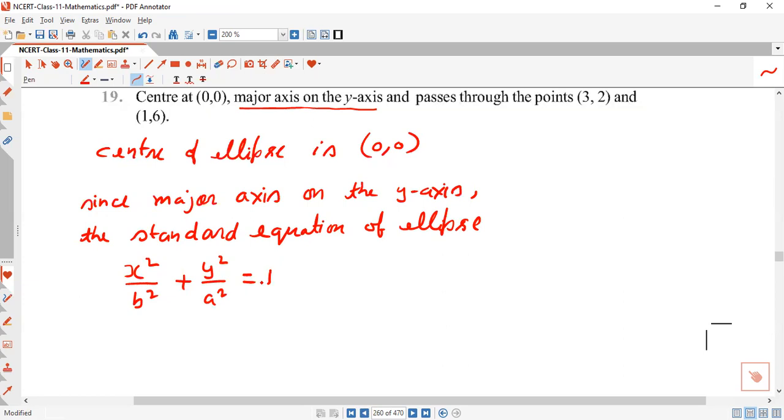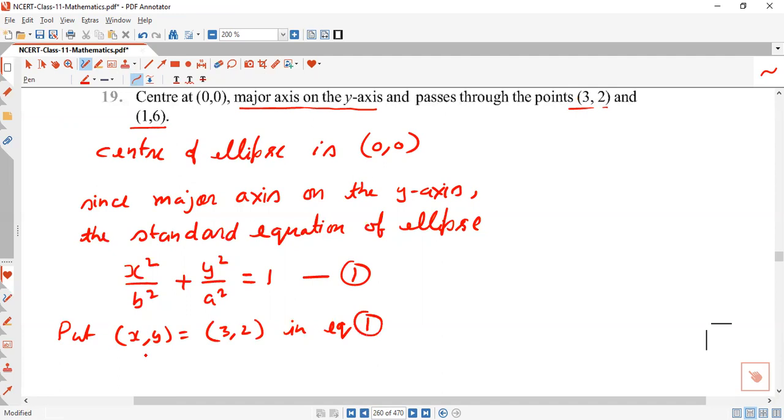We are seeing here that this ellipse passes through the points 3, 2 and 1, 6. So it will satisfy the equation. Now we put x, y equal to 3, 2 in equation 1. This is equation number 1.